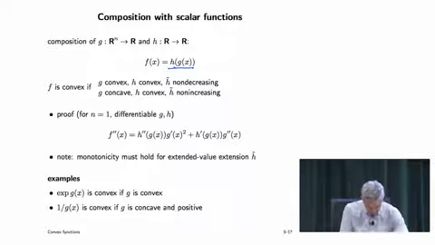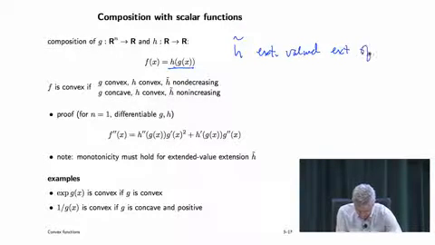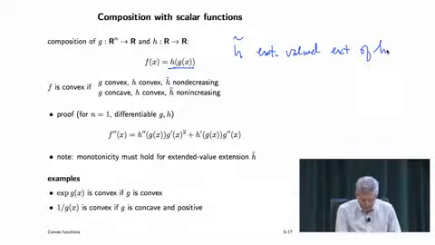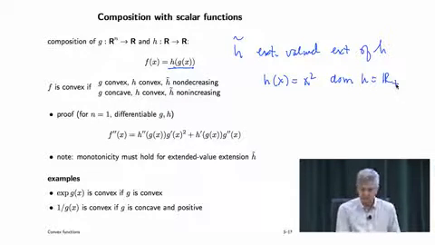So here, h tilde is the extended valued extension of h. And we can look at some examples. So here's a function. Let's take h of x equals x squared with dom h equals R plus.